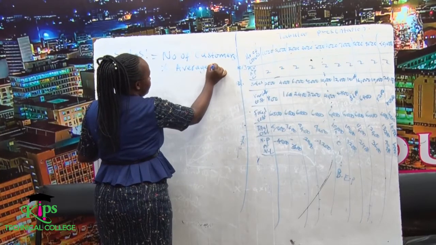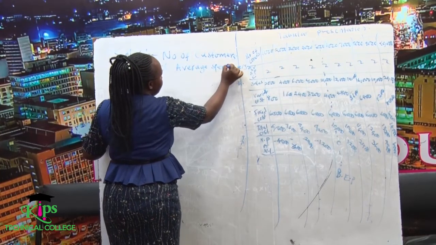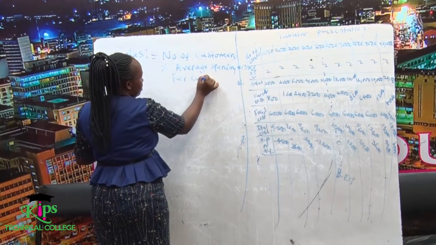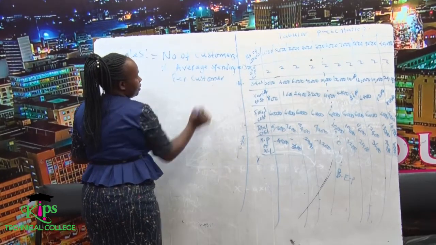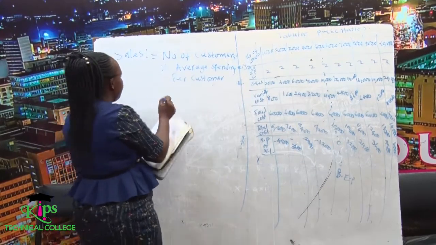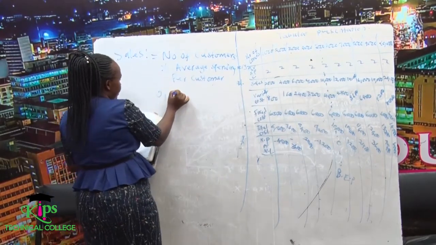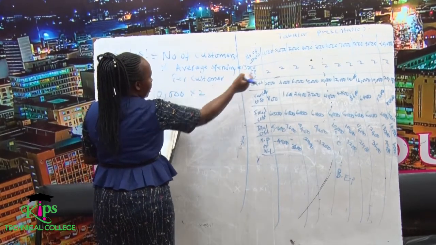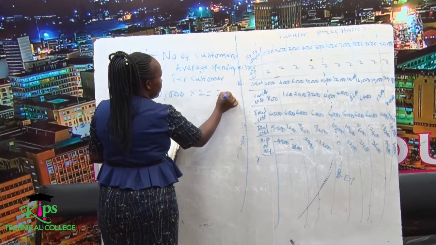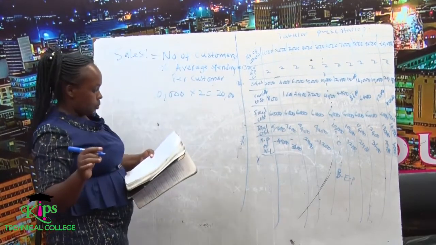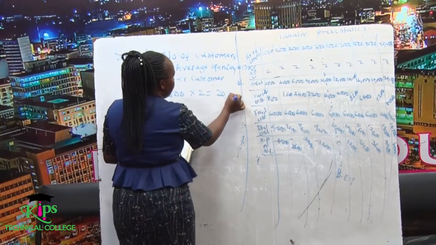For example, assuming the number of customers is 10,000 multiplied by 2, the average spending per customer, it will give us 20,000.